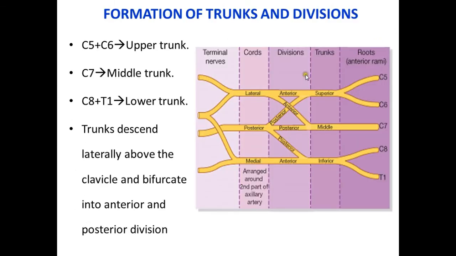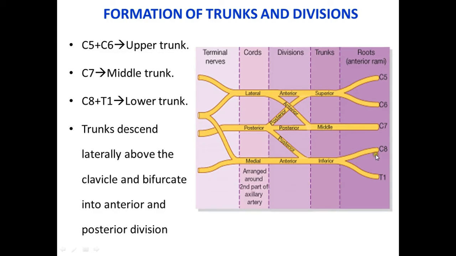If you see the formation of the trunks and divisions in this picture, first of all, the roots arising from C5 and C6 form the superior or upper trunk. C7 forms the middle trunk.